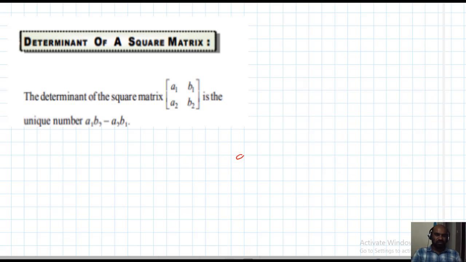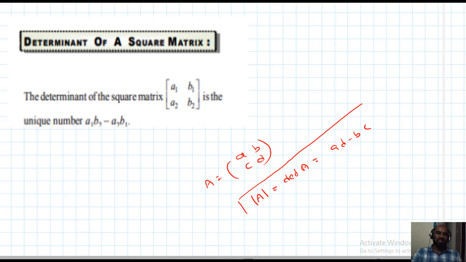2 matrix. For example, A = [a b; c d] is a 2 by 2 matrix. There exists a unique real number which is said to be the representative of A and denoted by this symbol, read as det A, defined as ad minus bc. ad minus bc is a real number.